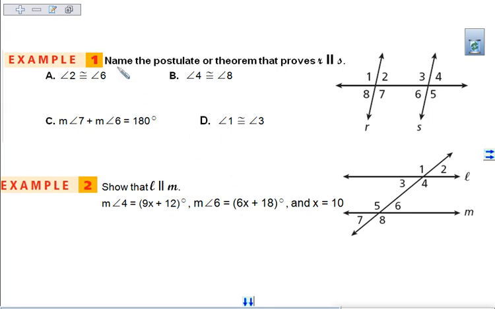Our next example, we want to name the postulate or theorem that proves that line R and line S are parallel. First off, we're looking at angle 2 being congruent to angle 6. Notice that they're on different sides of the transversal, and they're both in between line R and line S. So this is alternate interior angles.